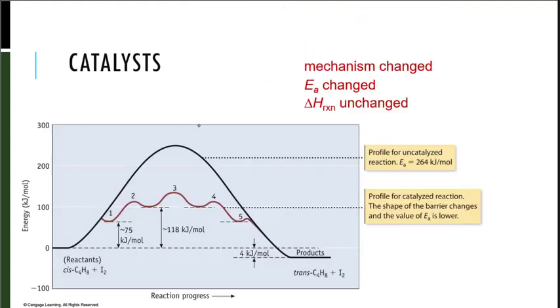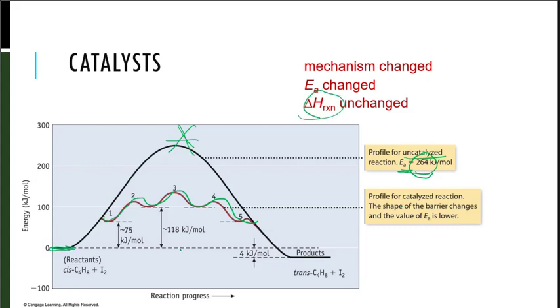Here is a picture right here. This is my profile with my uncatalyzed reaction, with my activation energy being 264 kilojoules per mole. And we can see here with a catalyst, it's taking a different pathway, and it shows that the activation energy is lower. The delta H is still unchanged.